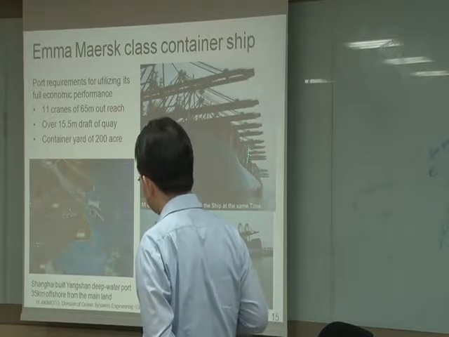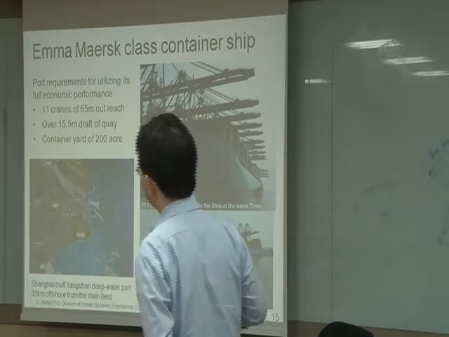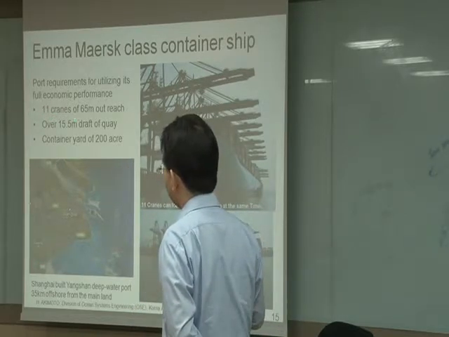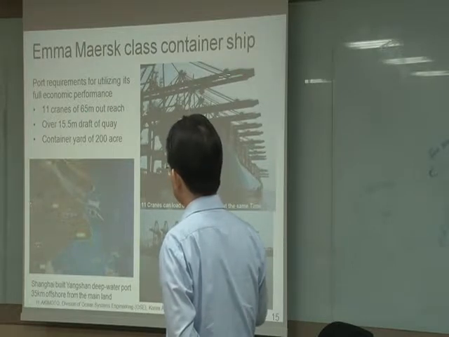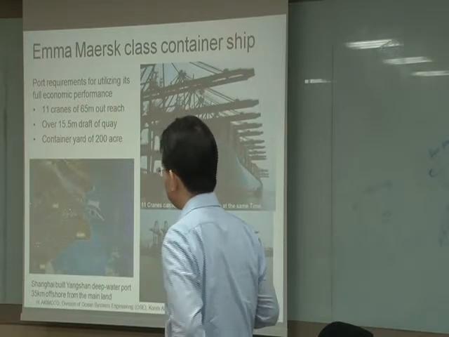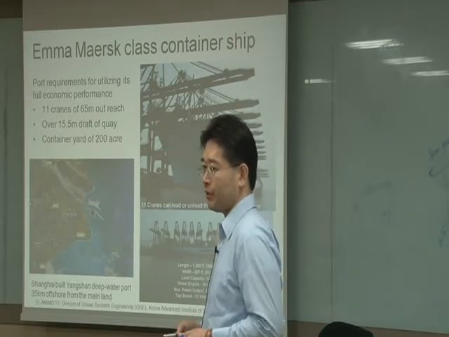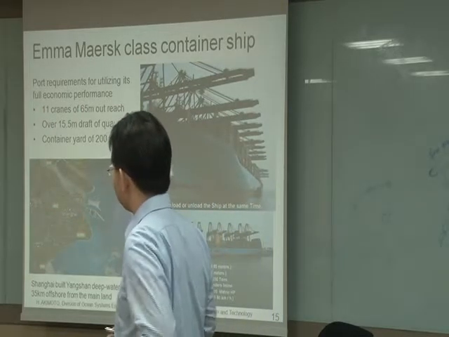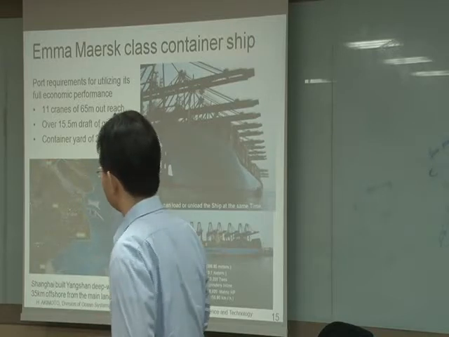As I said, large container carriers require a large port. So it requires 11 cranes of 65-meter outreach. Outreach is this length, to utilize the maximum performance of the vessel. If we cannot provide enough cranes, the loading and unloading time will be long.